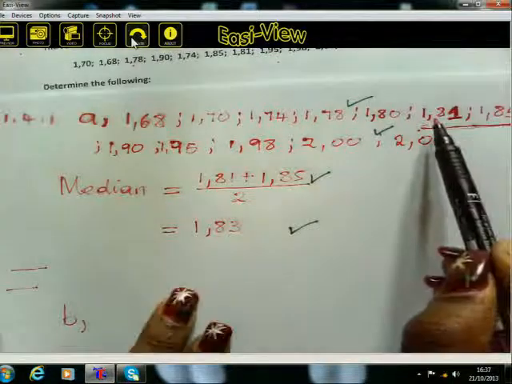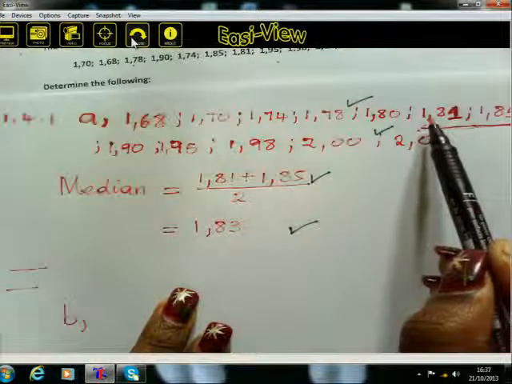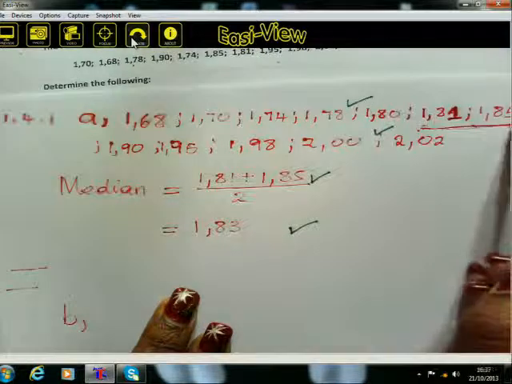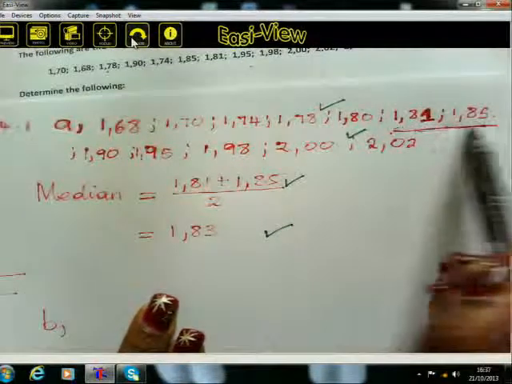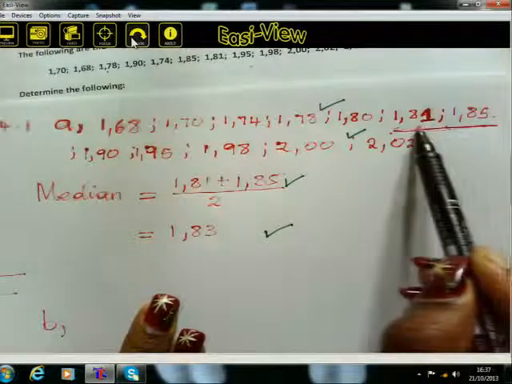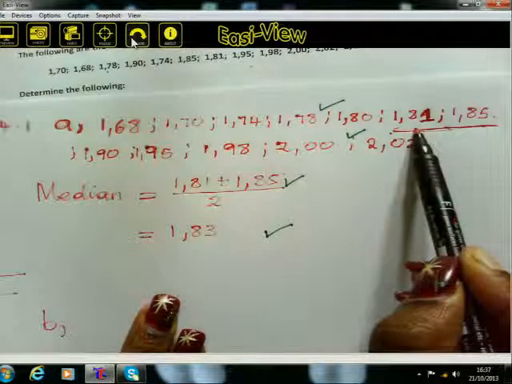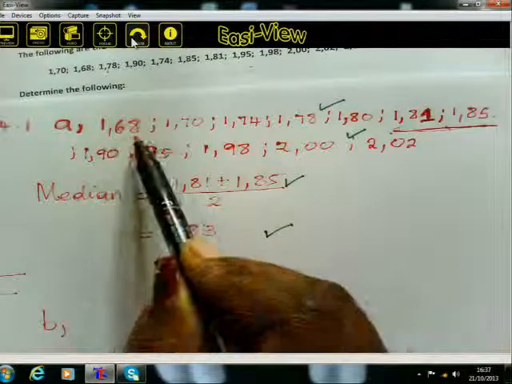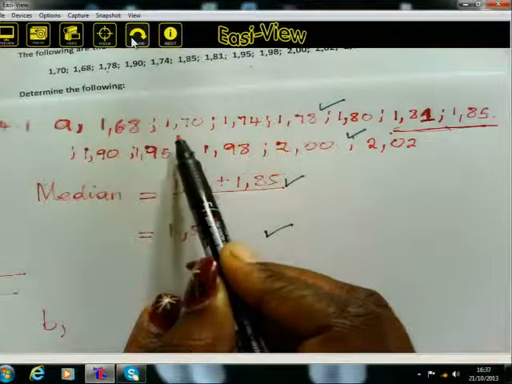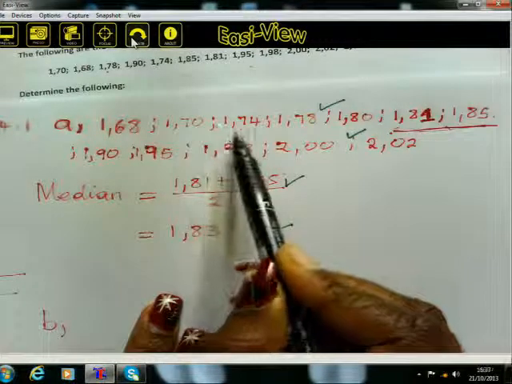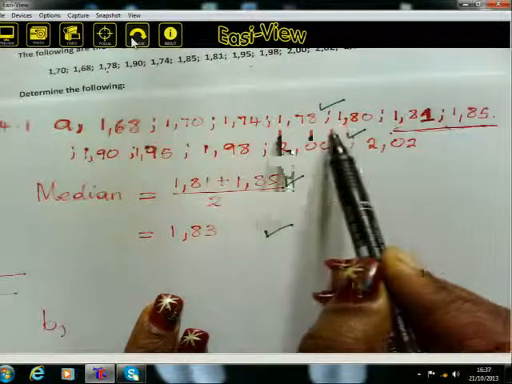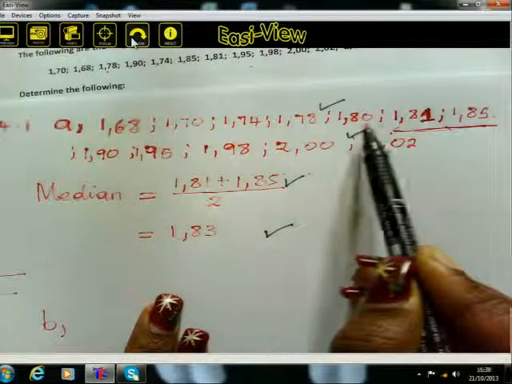There are data that will come before middle 2, which is 1,68 semicolon 1,70 semicolon 1,74 semicolon 1,78 semicolon 1,80.